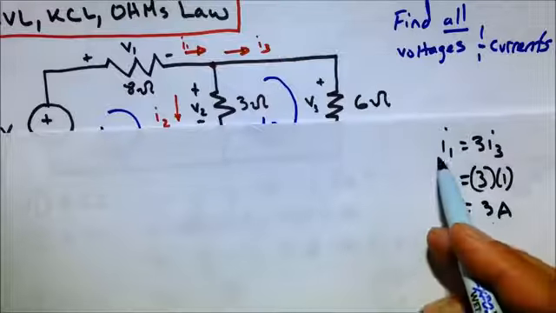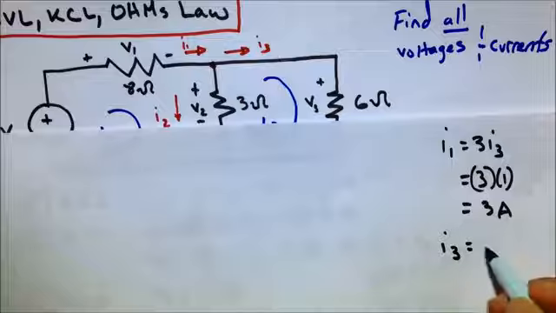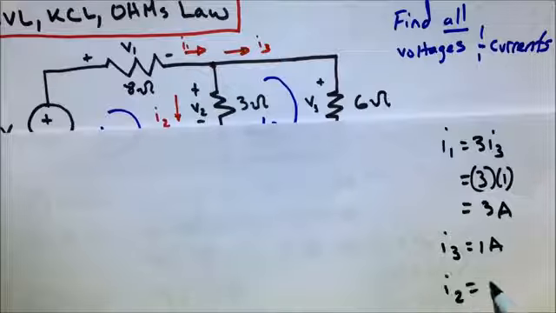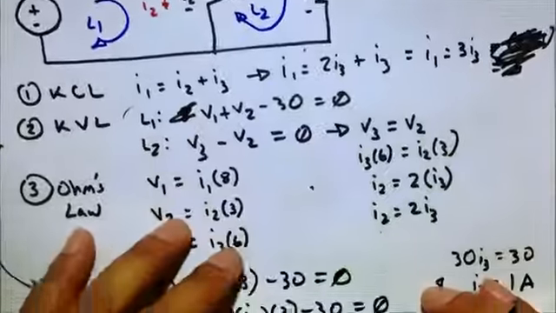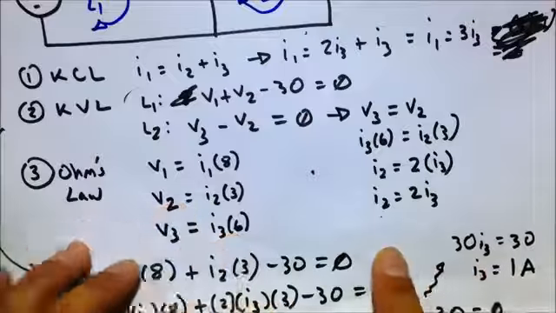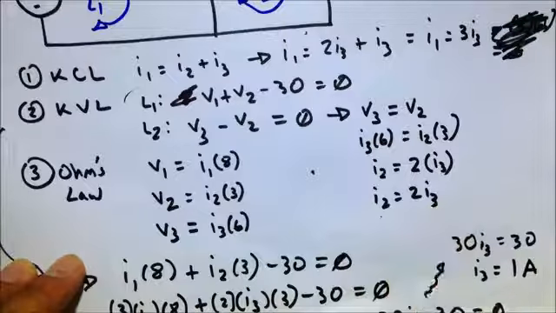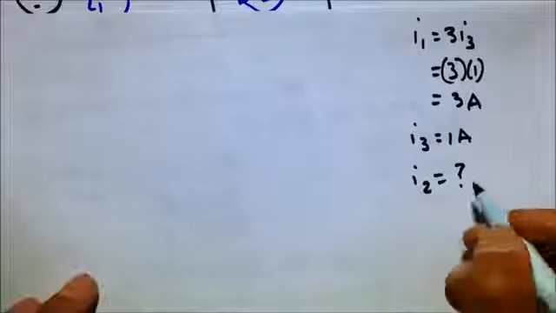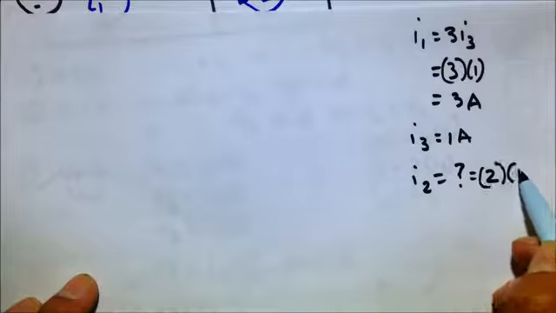Okay, so that's good. We have I1. We know I3 equals 1 amp. How about I2? Well, we have a relationship for I2, don't we? We said that I2 equals 2 times I3, and I3 is 1.